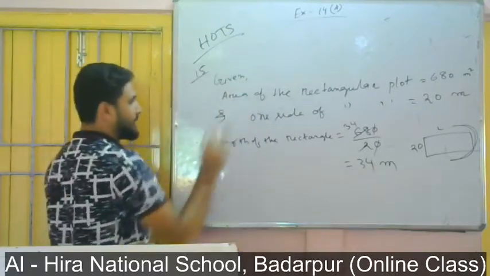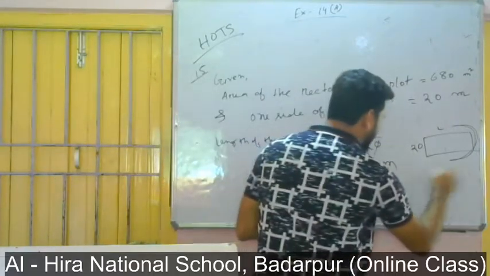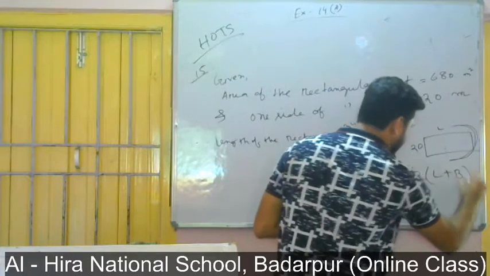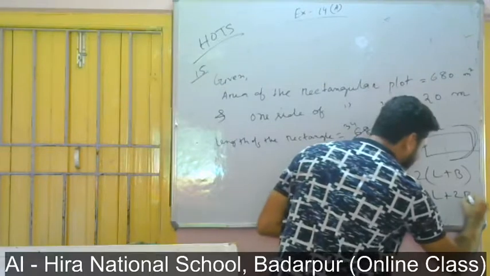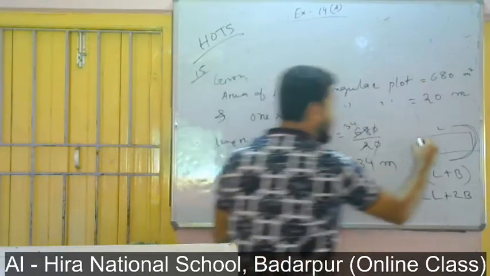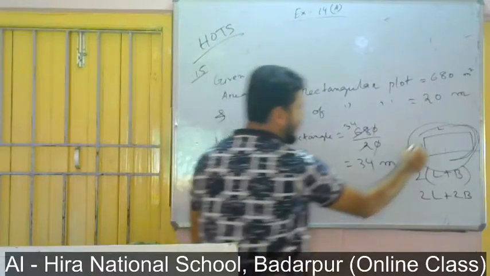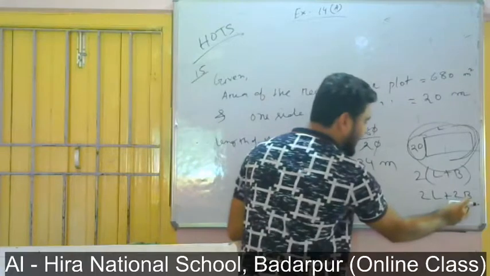Now we will apply the formula. We got 2 into L plus B, that means 2 length plus 2 breadth. That is the total perimeter of the rectangle, but in this case we will leave one side. So we have to leave one breadth.